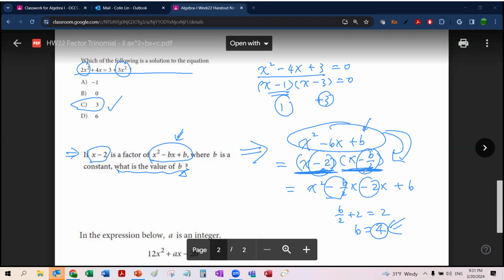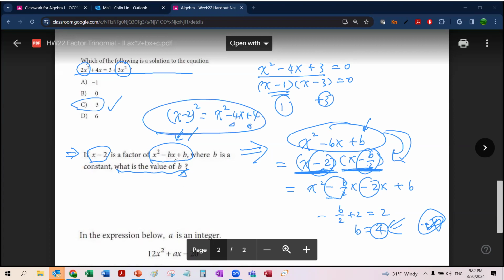One is negative 2, the other one is negative 2 over b, equals negative b. So we can find out b is 4, right? Sounds good, that would be easy. Also, you can imagine here, x minus 2 squared equals x squared minus 4x plus 4. So 4 can match up, right? So that's one. All right, let's go to the last one.